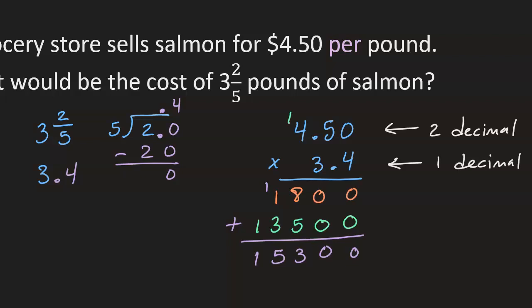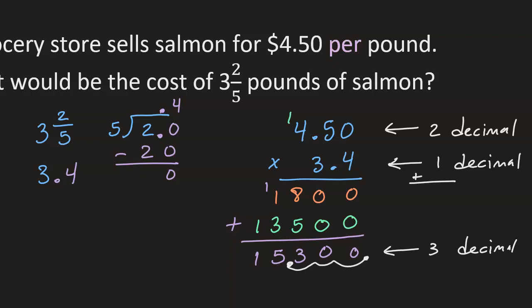To know how many decimal places we need to move for our final answer, we take these decimal places and add them together, and we get 3 decimal places. So I move my decimal place 1, 2, 3 from the right, and I get 15.3.